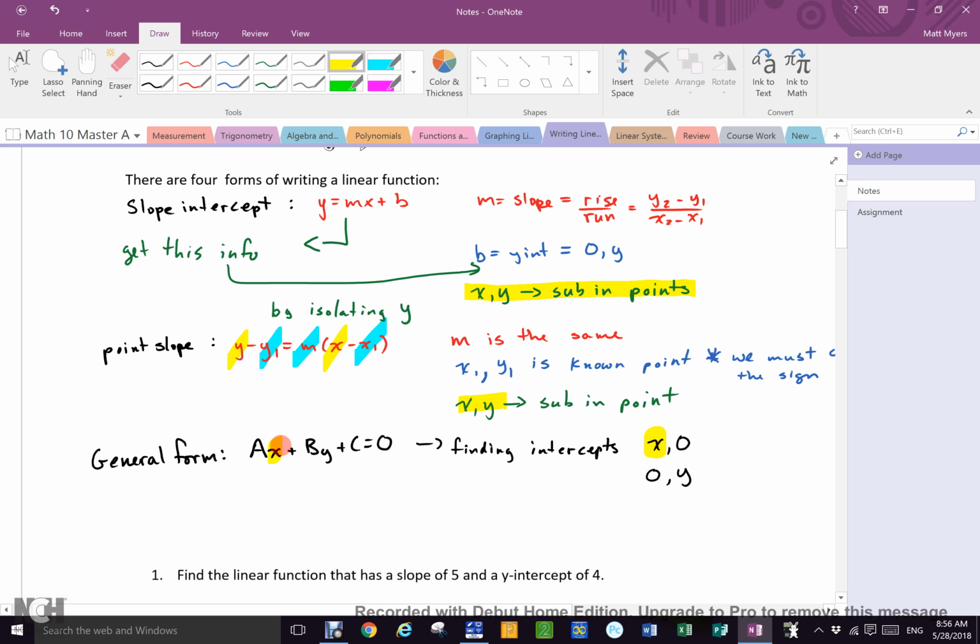It goes in for x. Where does 0 go? In the B? Guess again. Oh, in the Y. In for y. Where does that 0 go? In the X. In for x. Where does that y go? In the Y. In for y. And then you can solve.